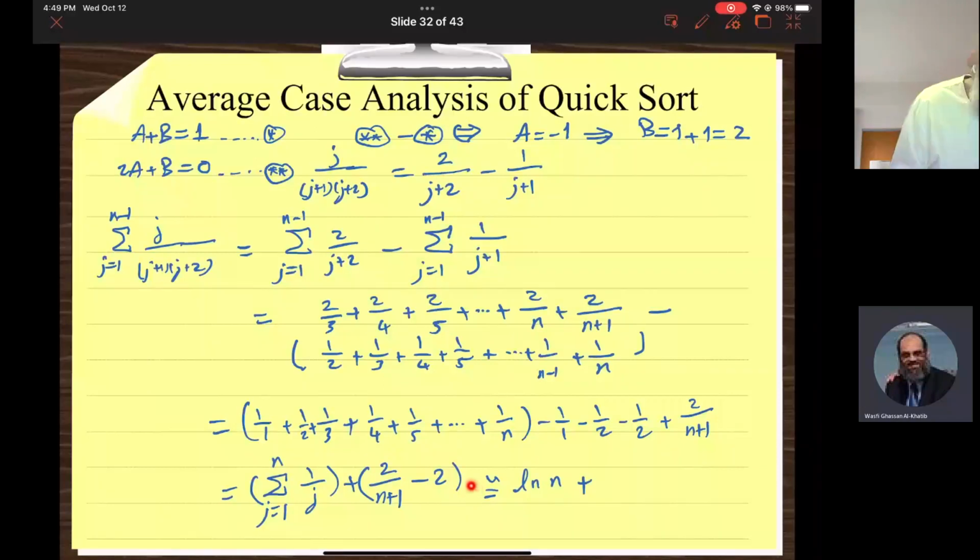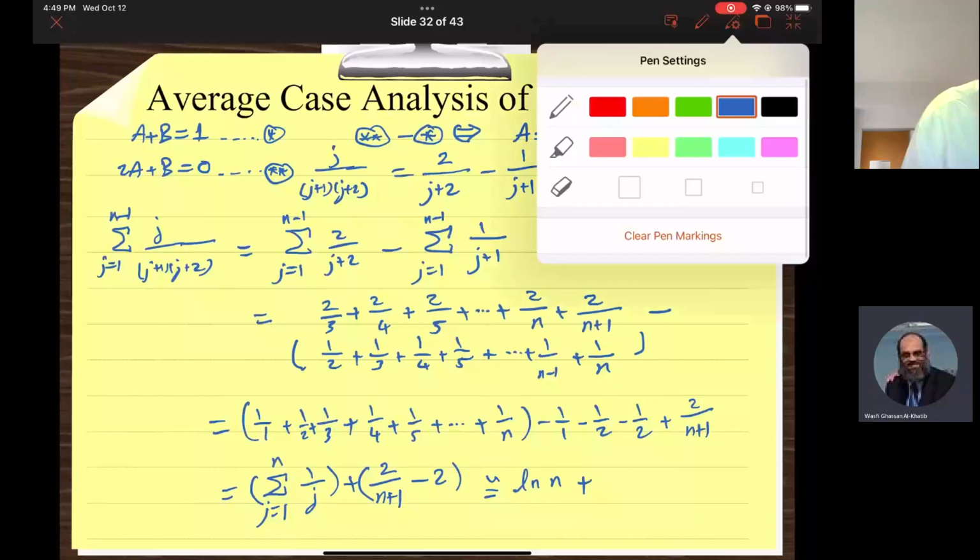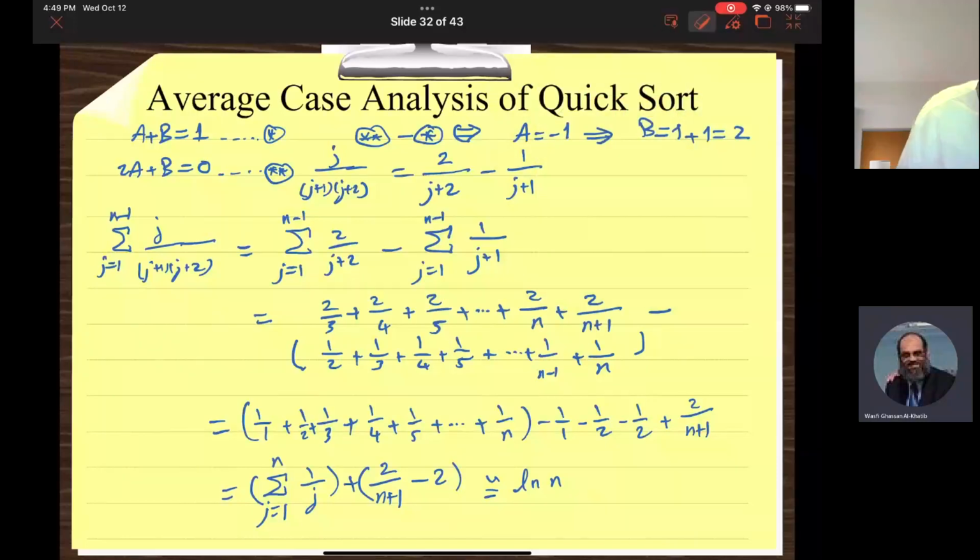So it is something between 0 and minus 2. So I can say that instead of plus, let's put it as minus because it is negative. So this is basically negative big theta of 1, some constant.